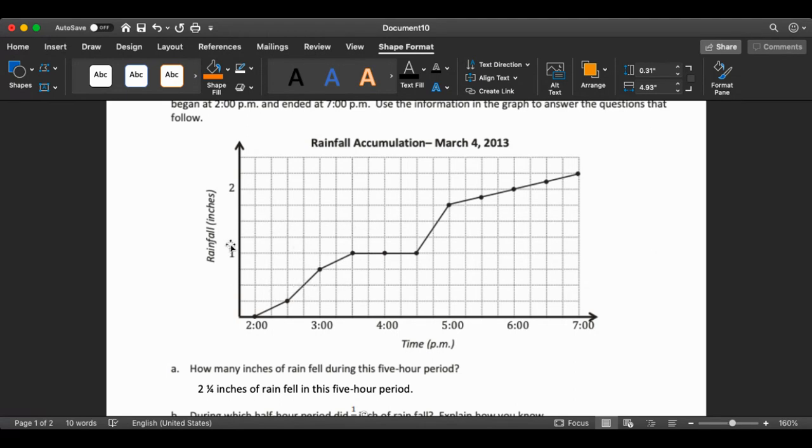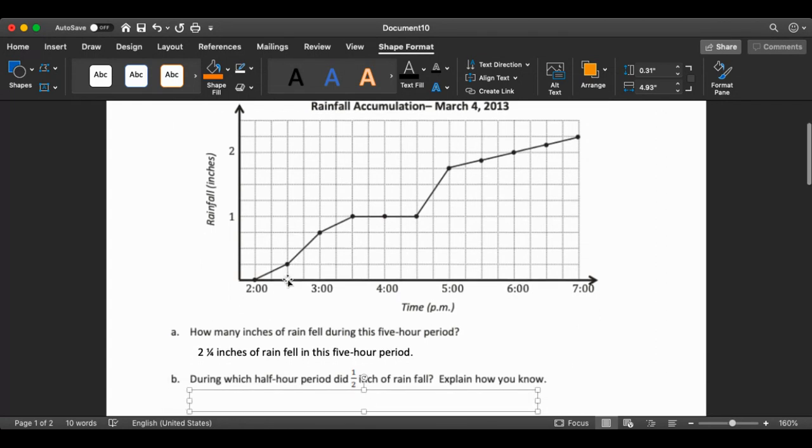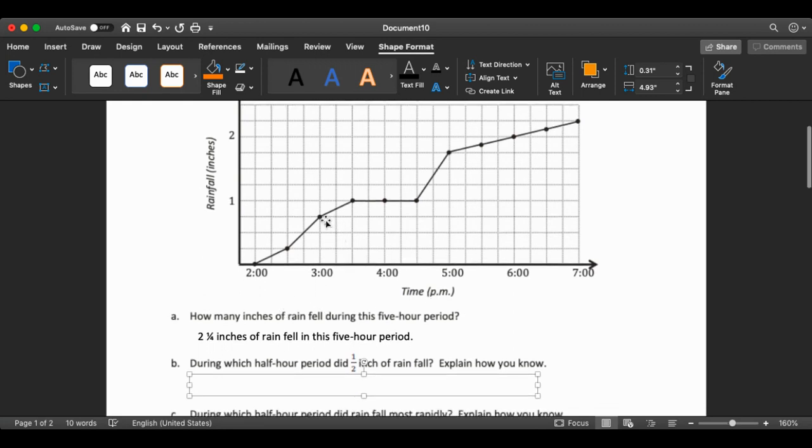It just means that the difference between one point to the next point is 1/2 inch. So I'm looking for between 2 points where 1/2 inch of rain fell. Remember this is a half-hour period of time, so every point is showing a 1/2 hour period of time.